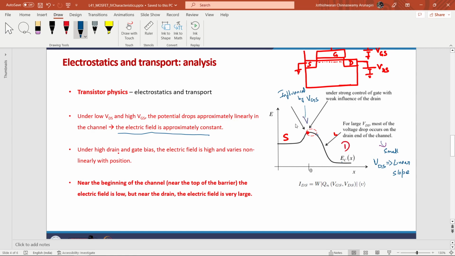Any guesses? So, what is the formula for classical mobility in a conductor? What is mu? Do you guys remember this?